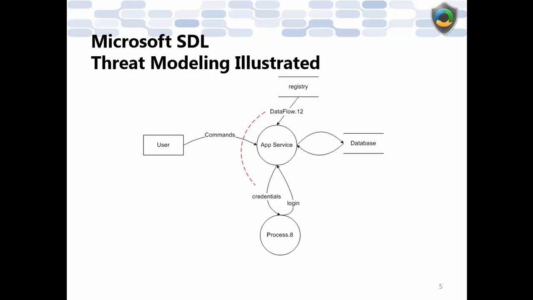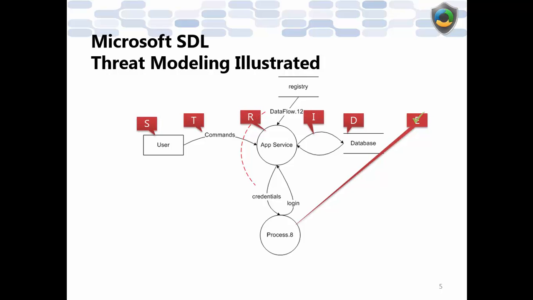With the Microsoft SDL Threat Modeling process, these app designs are expressed or modeled as a set of DFDs, as shown right there. These DFDs provide a standard graphical representation of data as it flows through the system.